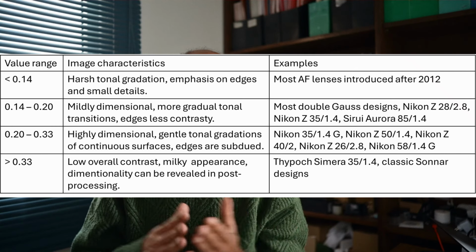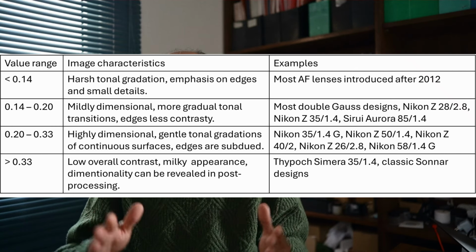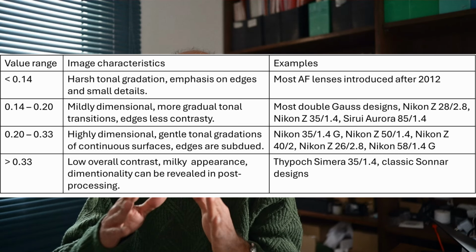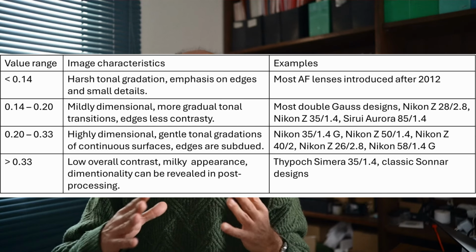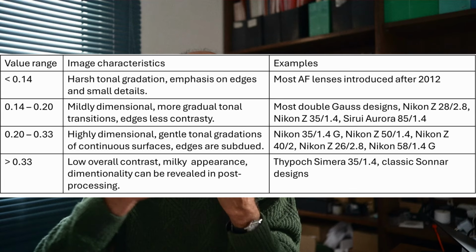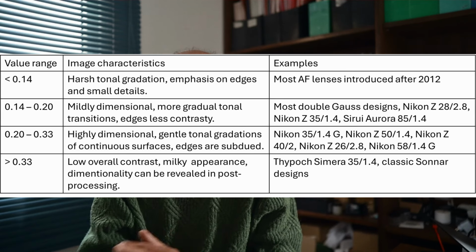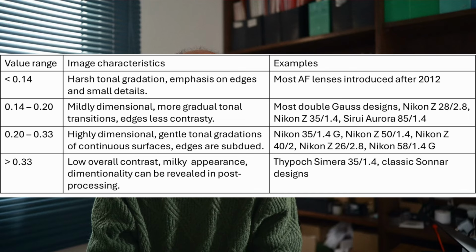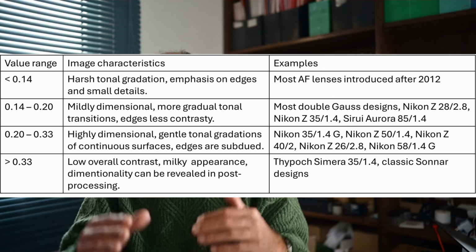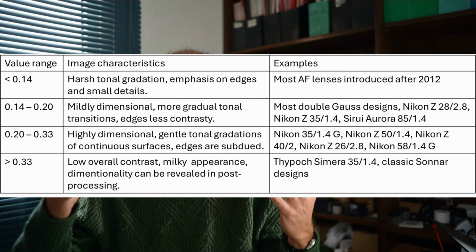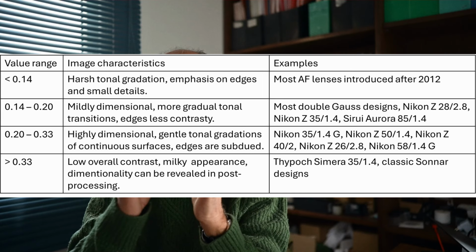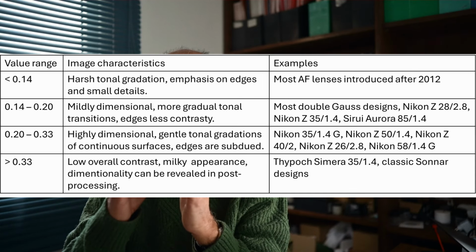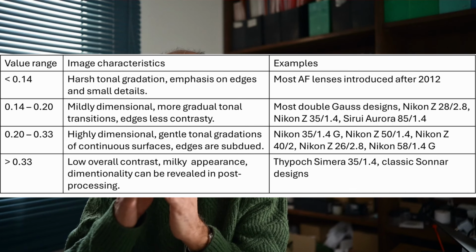The next category of dispersion score values is lenses that have a very high score. Those are a very few lenses. I can only think of classic Zeiss Sonnar designs that are defined by fat chunks of glass glued together.